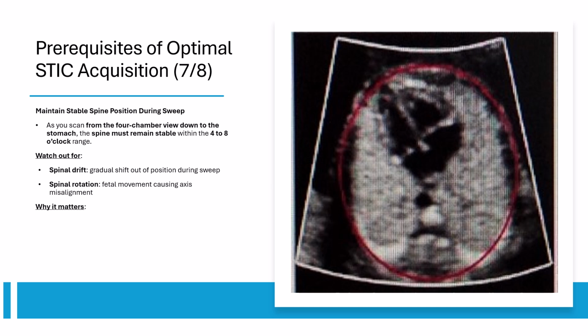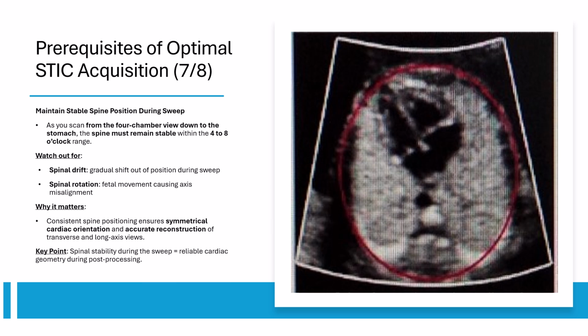Consistent spine positioning ensures symmetrical cardiac orientation and accurate reconstruction of both transverse and long axis views. In short, spinal stability throughout the sweep translates directly to reliable cardiac geometry during post-processing.